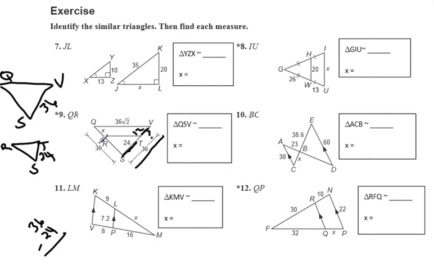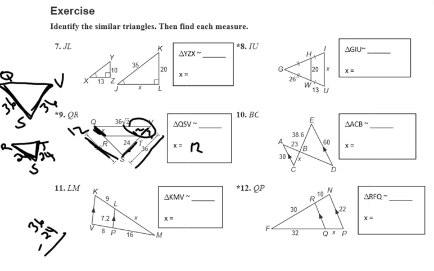Then we have RS, which is also going to be 24, and x. So this one we don't even need to set up a proportion. If you can understand that this is 24, this is 24, this is 36, and QS is 36, because they gave it to us, then x must be whatever's left over, which we said is 12.